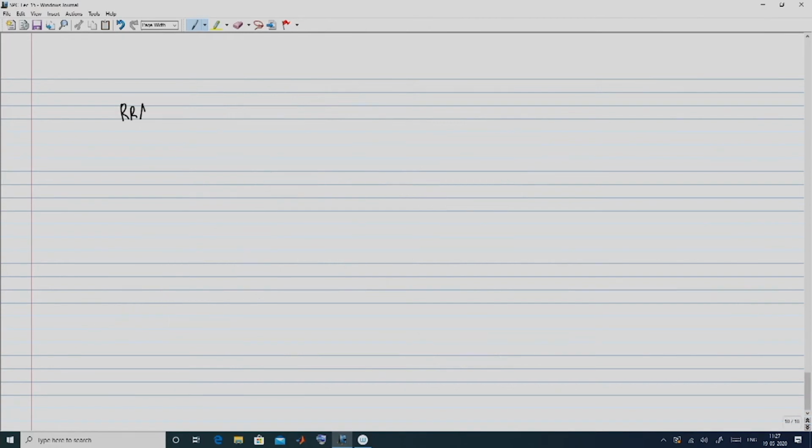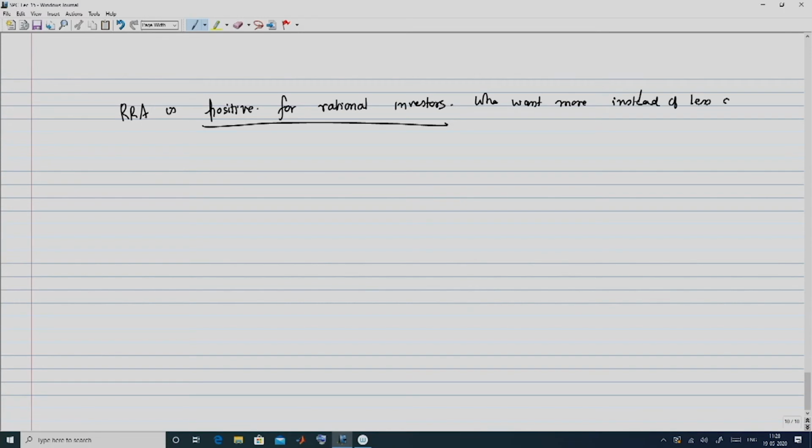Now, this relative risk aversion RRA is going to be positive for rational investors, because U double prime is negative and U prime is positive. So, accordingly this is positive for rational investors who want more instead of less and are risk averse.